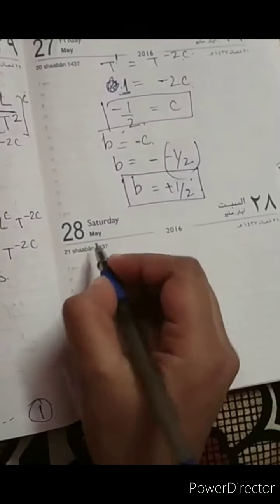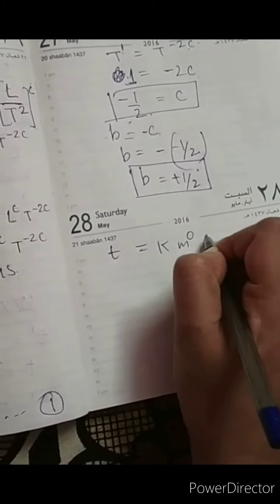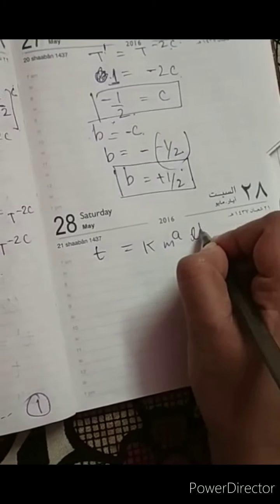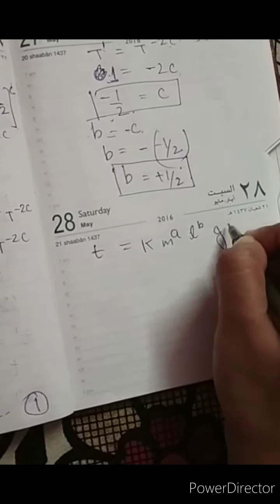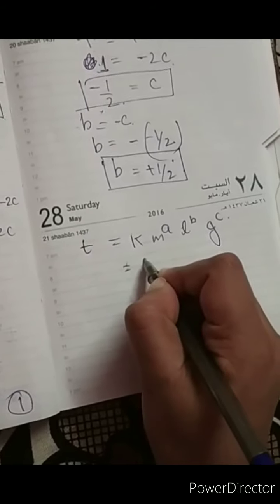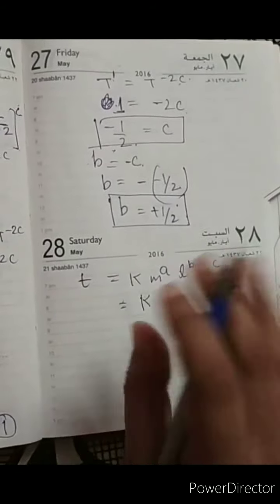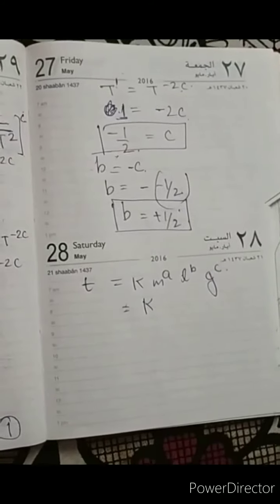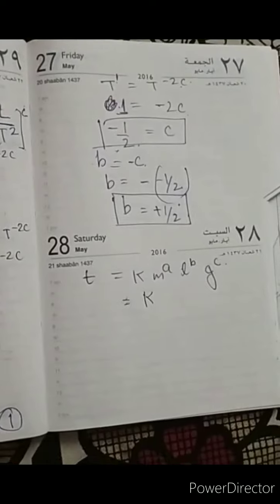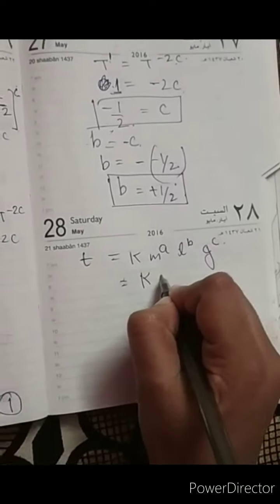Our formula was T is equal to K, m to the power A, L to the power B, and G to the power C. In this equation, K we don't know. K is just a proportionality constant. It is a dimensionless quantity.